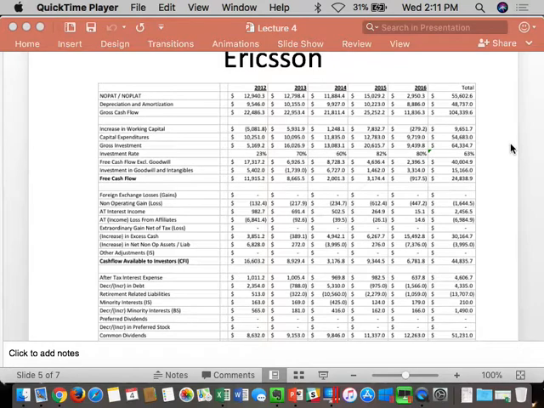They spent another $15.2 billion on investments in goodwill and intangibles, suggesting they did a bunch of acquisitions over that 5 years as well, giving them that overall free cash flow of 24.8 billion euros.